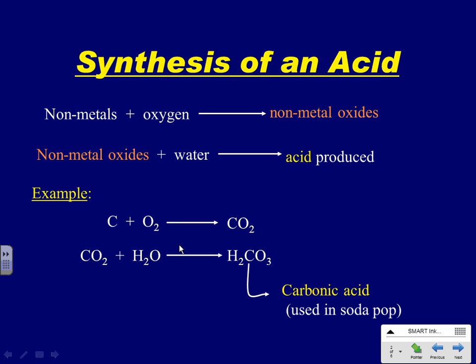Now that second reaction right there, and I've already talked to you about this a little bit, where you take carbon dioxide gas and get it to react with liquid water is what they do at the beverage manufacturing companies when they inject large amounts of carbon dioxide into the pop. That reacts with the water and produces carbonic acid.